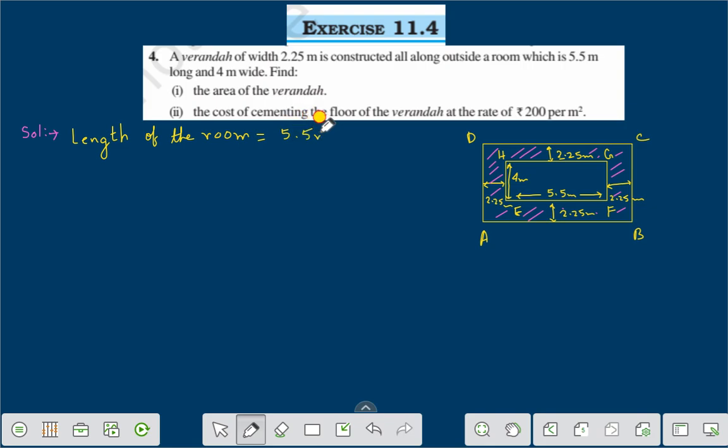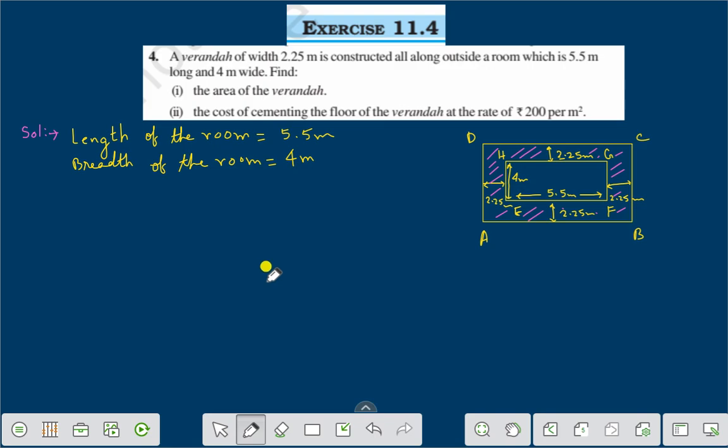Breadth of the room: here see this is 5.5, this is 2.25, this is 2.25. You have to add, but the breadth of the room is 4 meter, not 5.5. Let us rub this one, the breadth of the room is given as 4 meter.